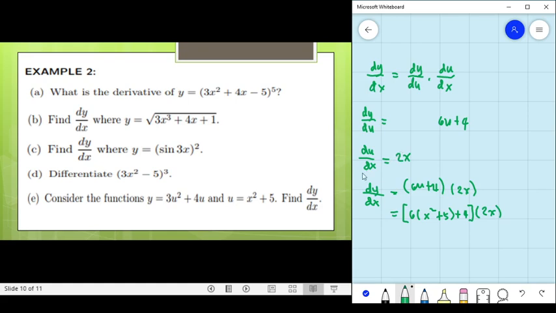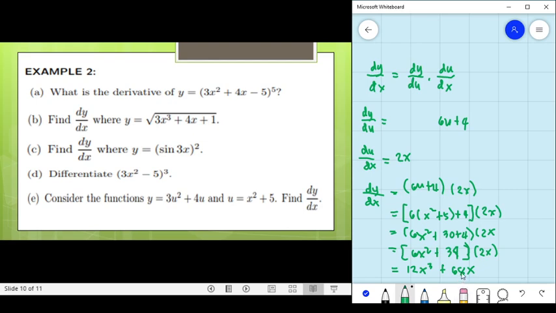Okay, so it should be the same as 6x squared plus 30 plus 4 times 2x. So we have 6x squared plus 34 times 2x. So therefore we have 12x cubed plus 68x.